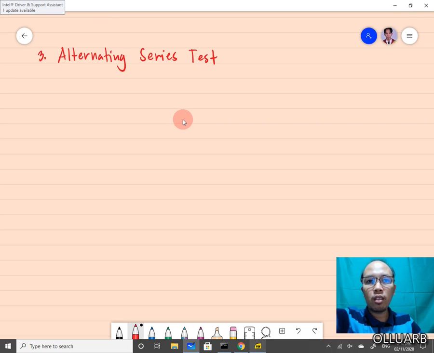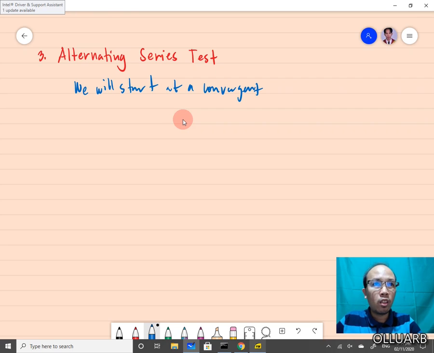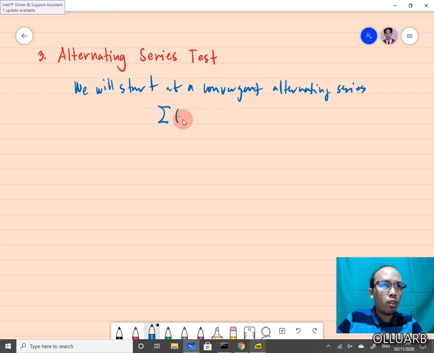Okay, so once again we will start with a convergent alternating series, the summation of (-1)^n times a sub n, where n starts from 1 to positive infinity, or this notation, (-1)^(n+1), to positive infinity.